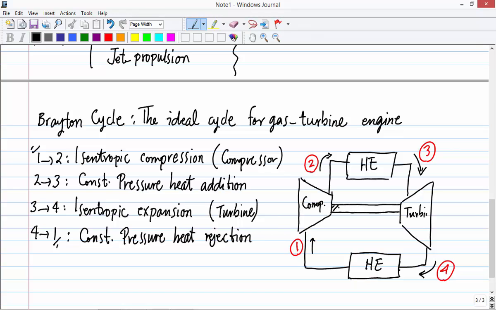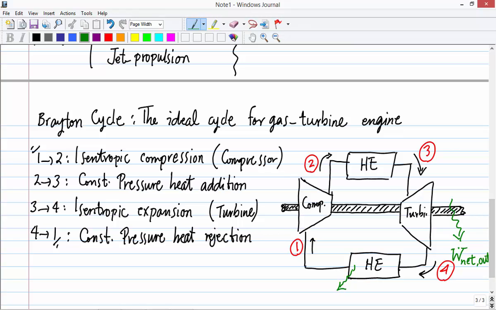So here's my shaft that connects the compressor and the turbine. And let's say here is the outlet. I expect to get the net work out of this shaft, so that would be shaft work, W dot net, coming out of the whole combination.